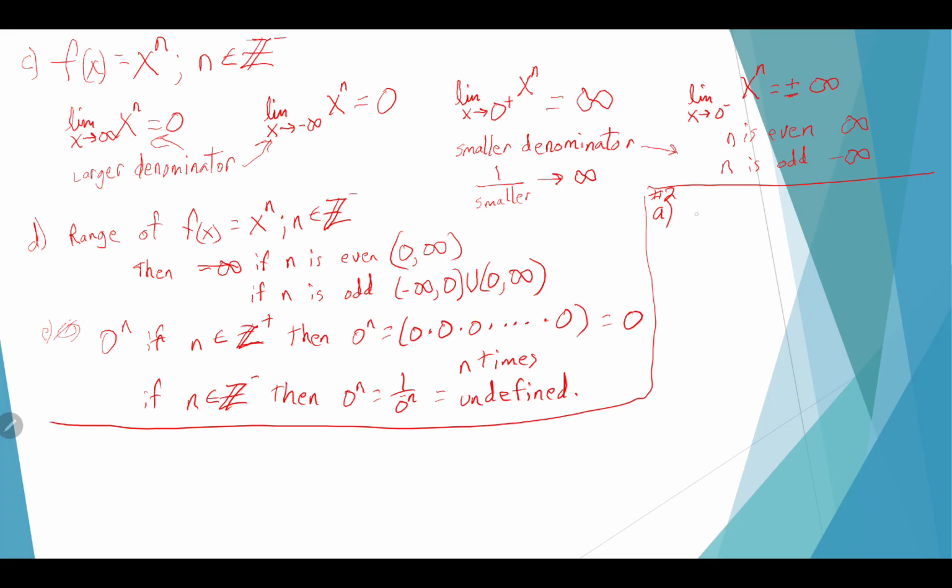I think we can fit this in. So we're dealing with 7 plus square root 2 to the negative 1, which is 1 over 7 plus square root 2.